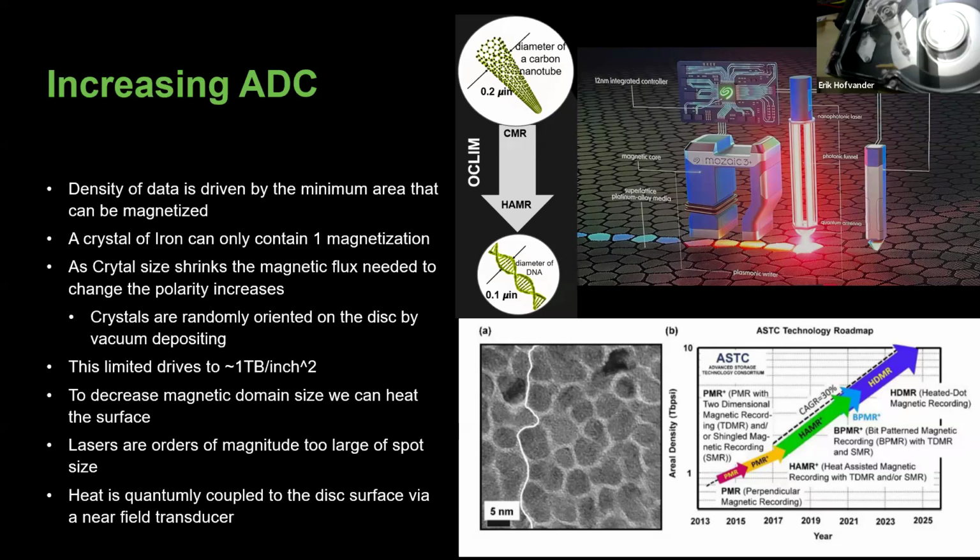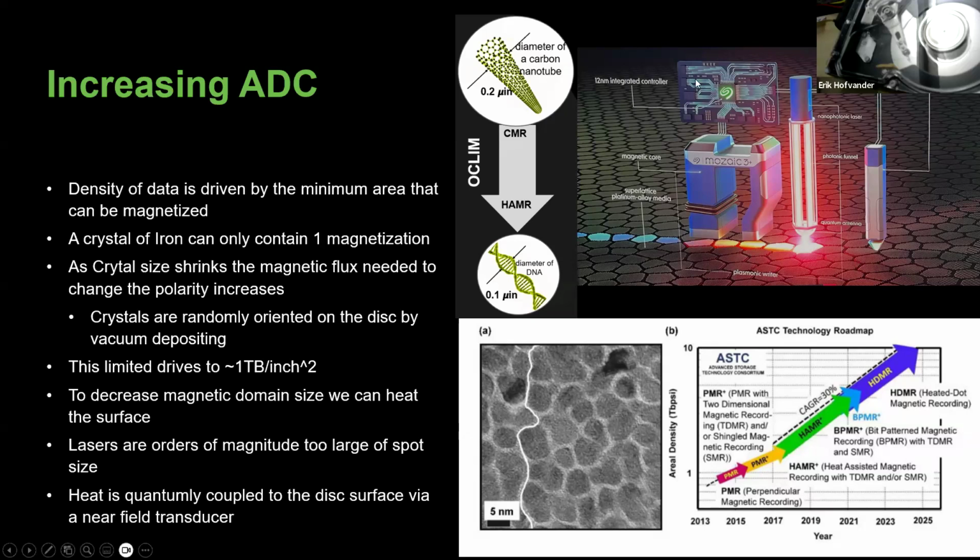The problem is, as we move our crystals smaller and smaller, the amount of magnetic flux I need to magnetize them increases so quickly that you begin to get what's called sideband erasure. The crystals around you start to be impacted by the amount of flux because you can't build your writer any smaller. So what we're doing now is what's called HAMR.